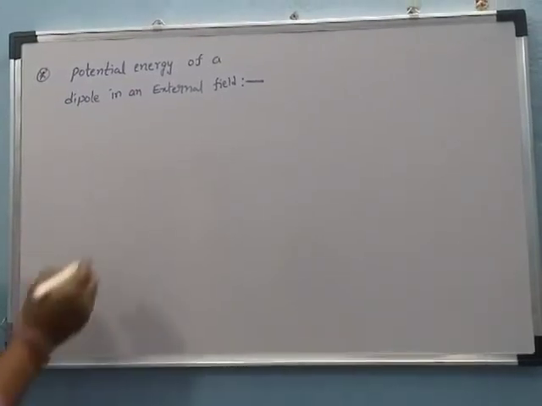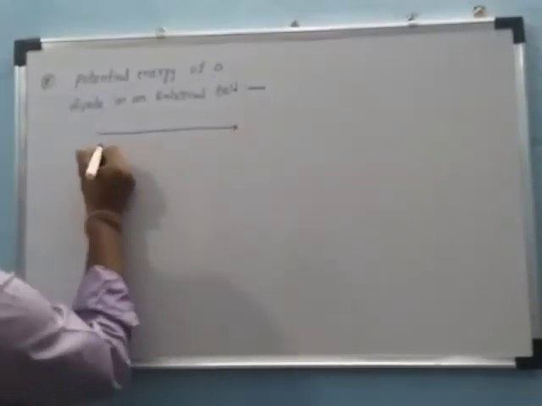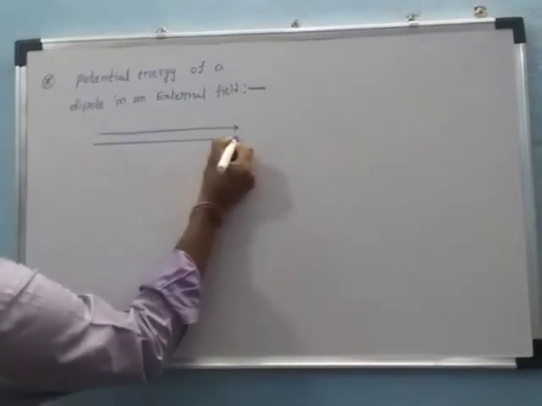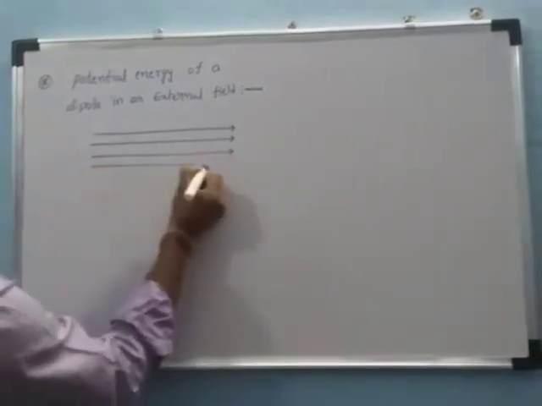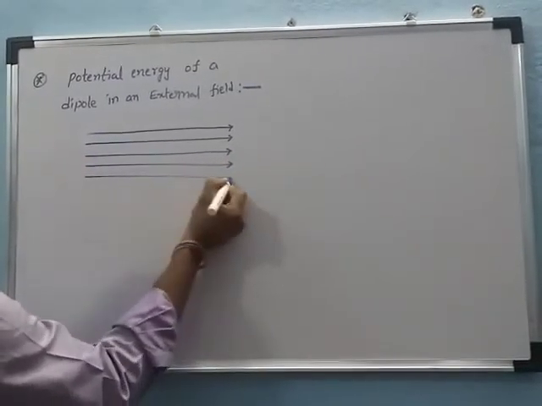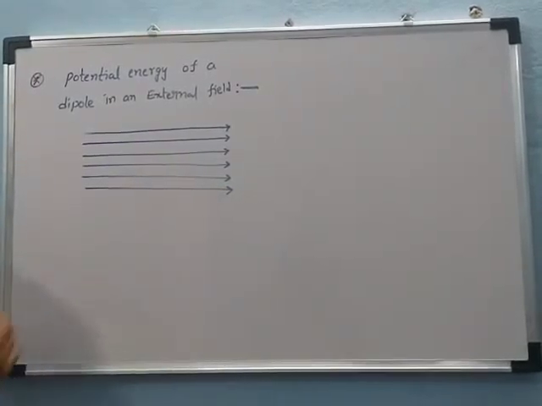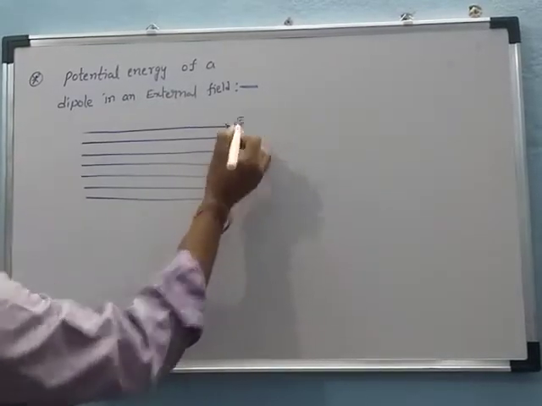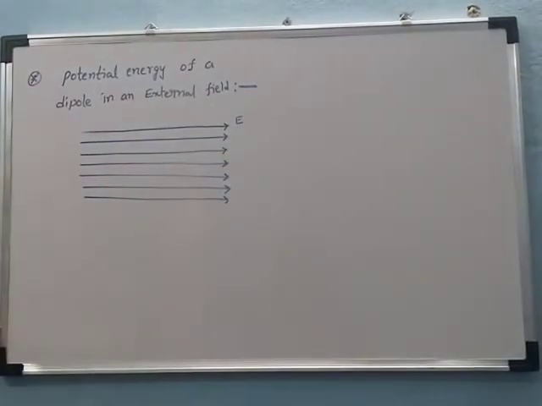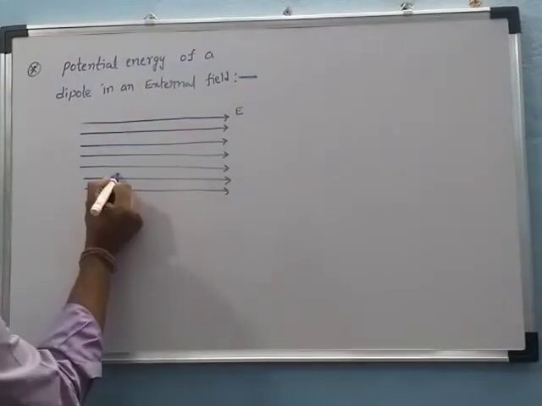Let us consider a uniform electric field. In the uniform electric field, a dipole is placed. What do we consider by the dipole?